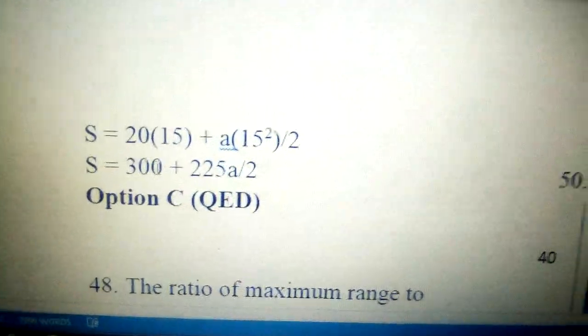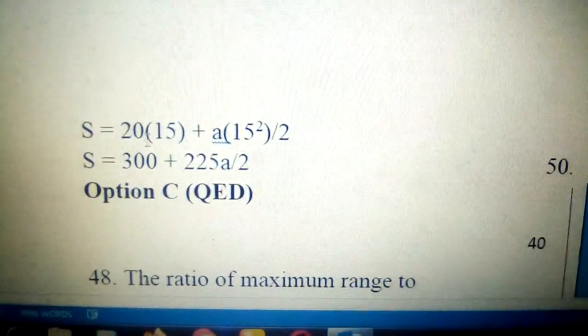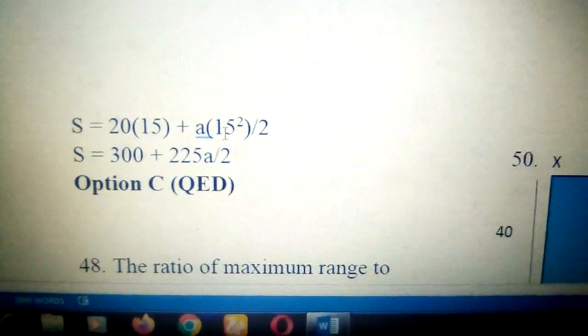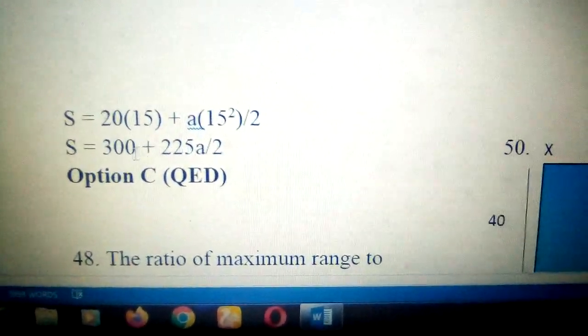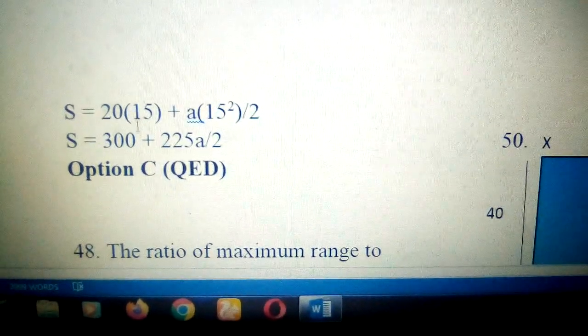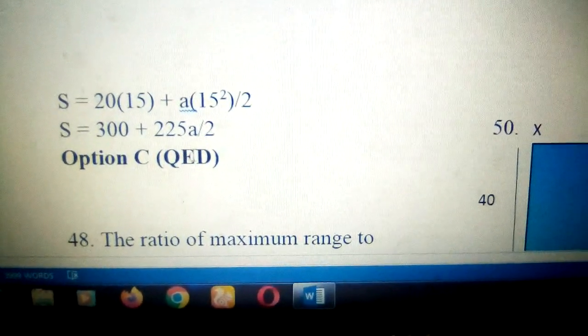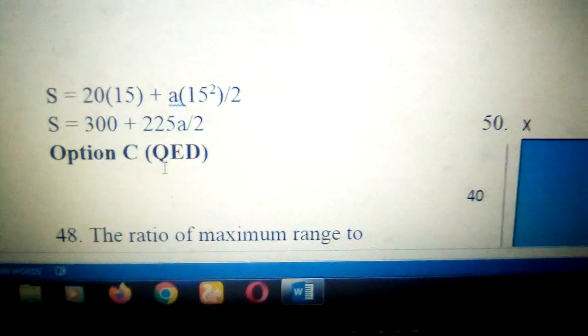Putting in the values, u is 20, t is 15, plus a times 15 squared over 2. When we solve it, we have 20 times 15 is 300, 15 squared is 225, A over 2. Option C is the right option.